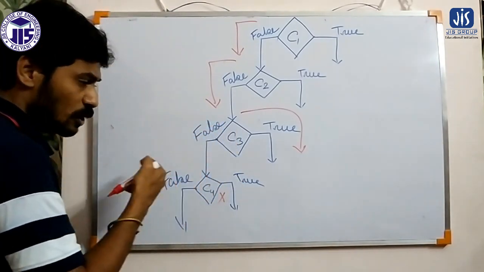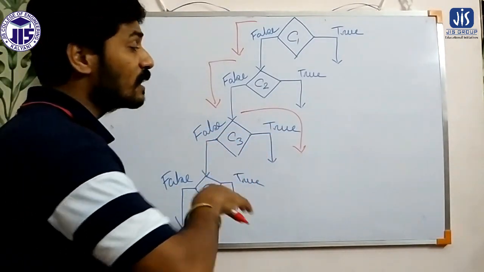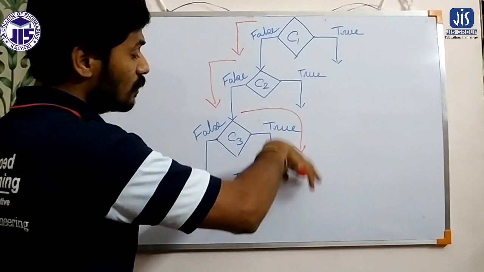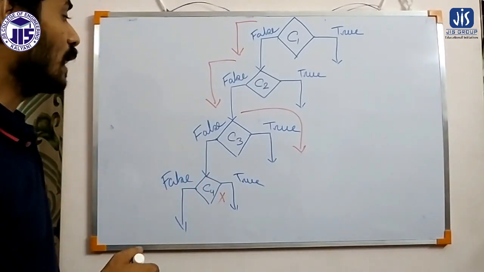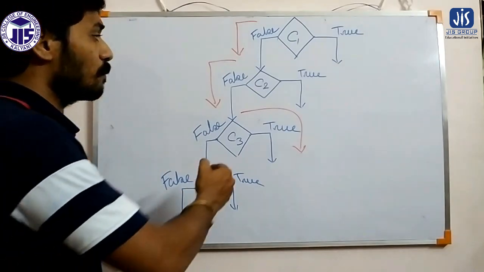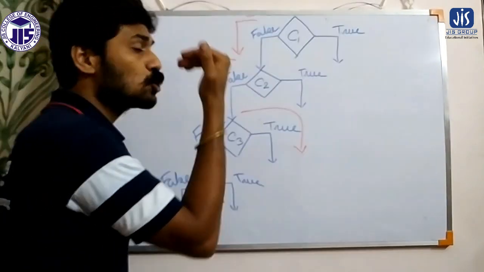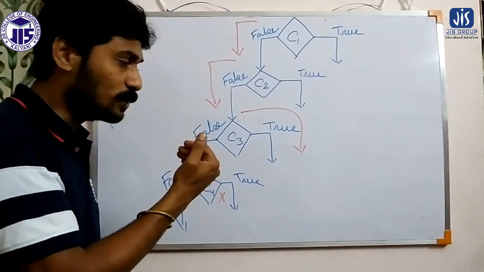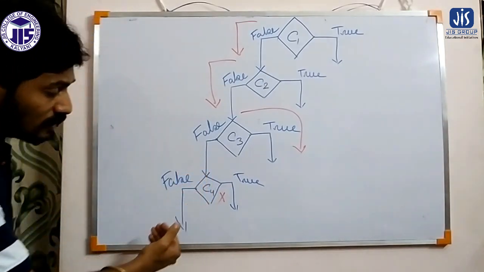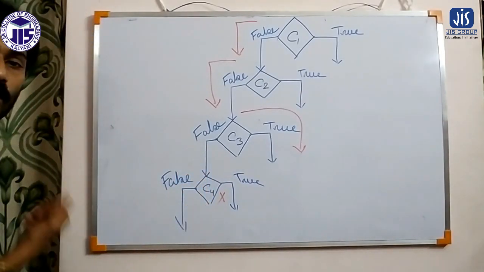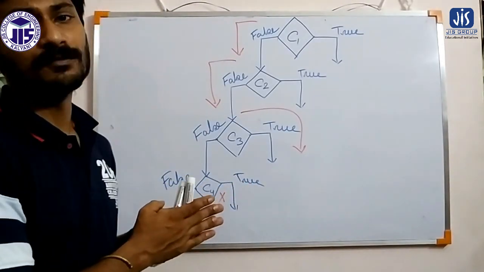It will be directed another way, where C4 does not belong. That means if any previous condition becomes true, it will stop the chain. If we continuously get false, the chain will continue by checking the conditions.